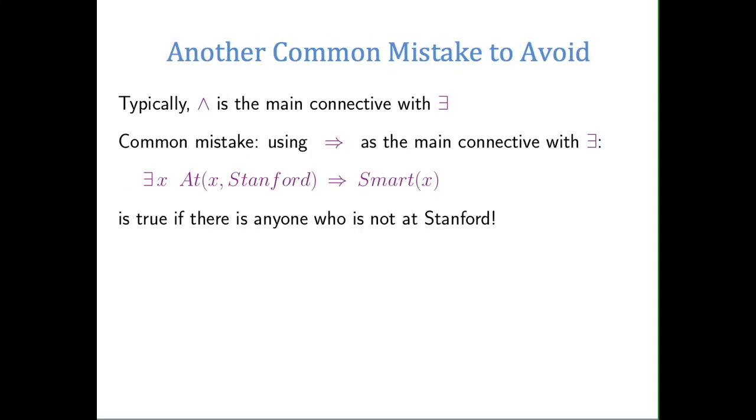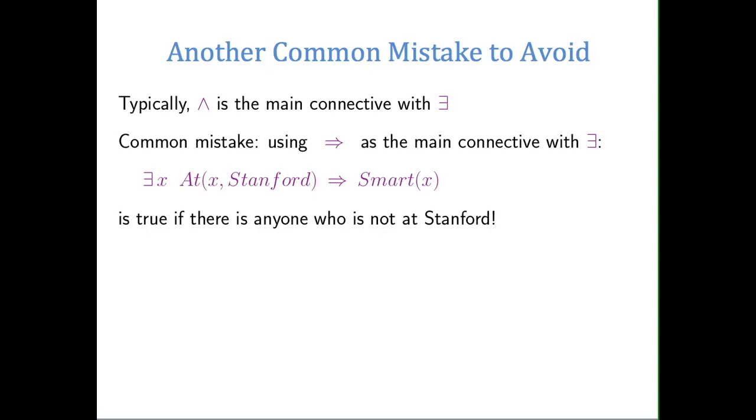Now there's a mistake you can avoid here too. Typically we're going to want to use and as the main connective with existential quantification, and one common mistake is to use implication as the main connective. So if you see an expression like there exists an x such that at(x, Stanford) implies smart(x), let's think about what that means.